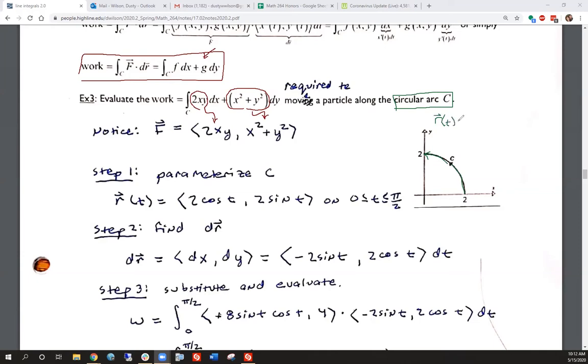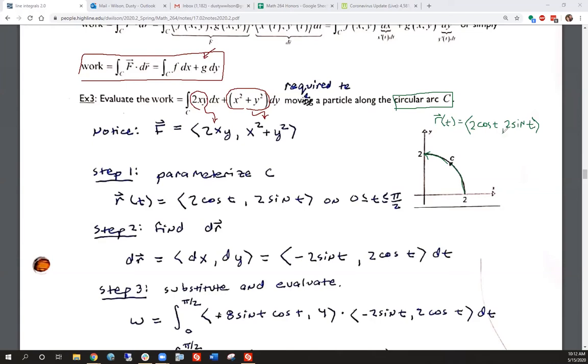What's the radius of this circle? 2. So we'll parametrize with 2 cosine t and 2 sine t. And every time you parametrize, what do you need to remember? I'm digging for something about t, what t is between.